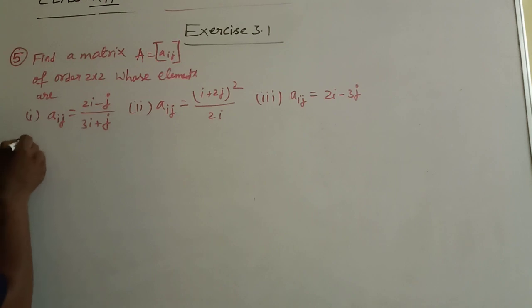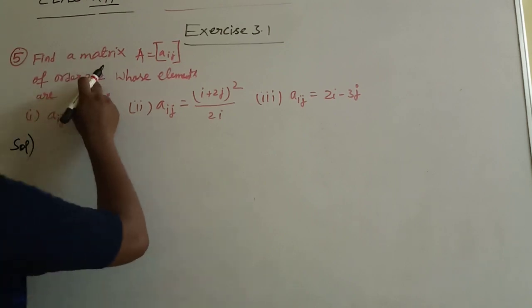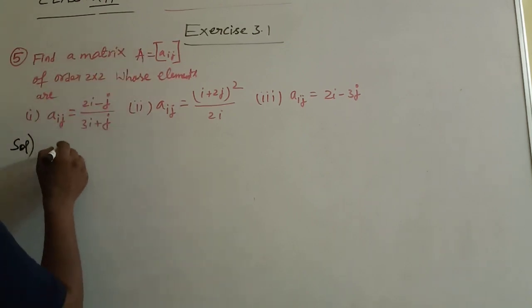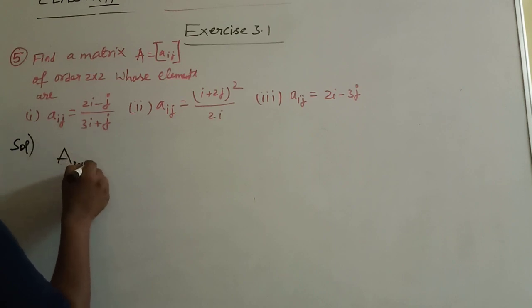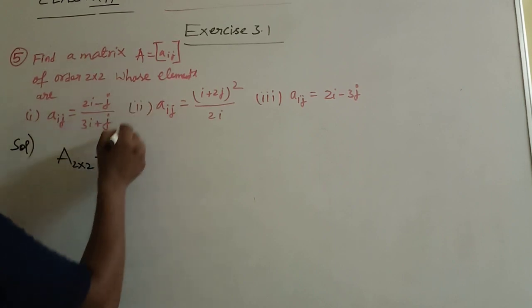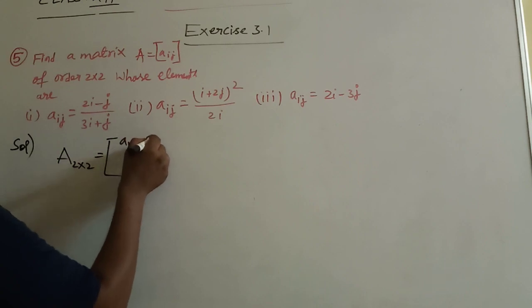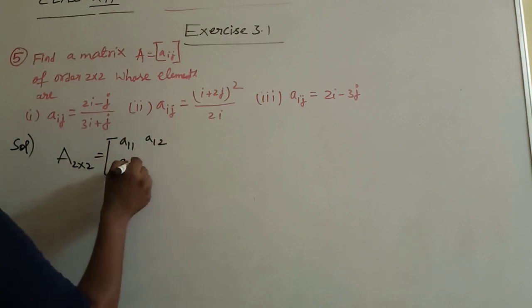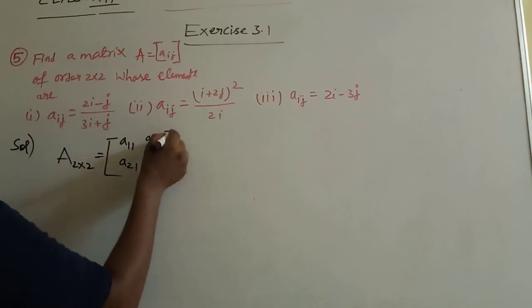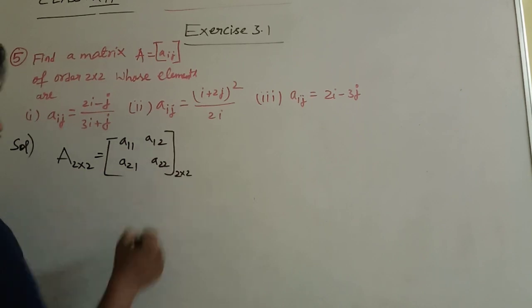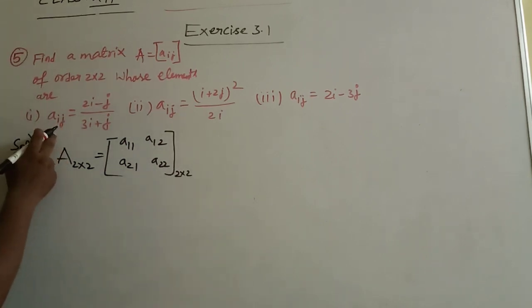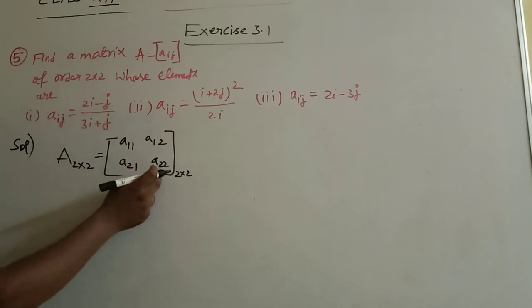Let me first write what our general 2 by 2 matrix is. A 2 by 2 matrix A is a11, a12, a21, a22. Now I need to find a11, a12, a21, a22.